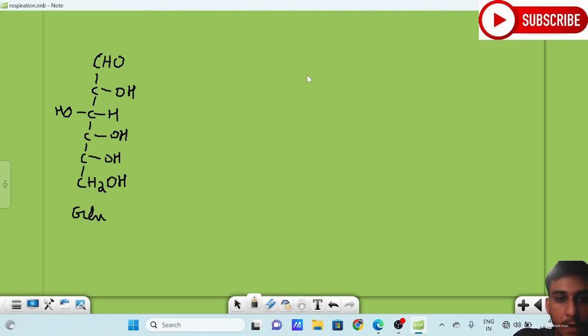Now I am drawing the structure of glucose 6 phosphate. The structure will be the same up to here, and the sixth carbon, which is CH2OP.